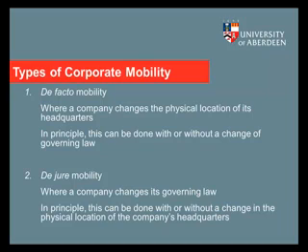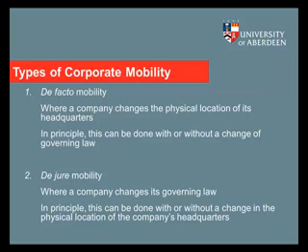So, de facto mobility, in principle, can happen without a change in the governing law. De jure mobility can, in principle, occur without a change in the physical seat of a company. In practice, however, there is a quite different story, which we'll address in a little while.